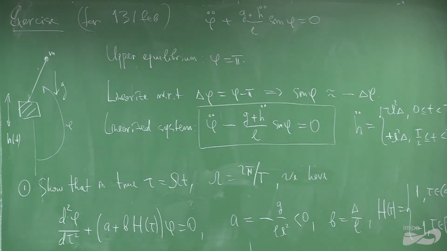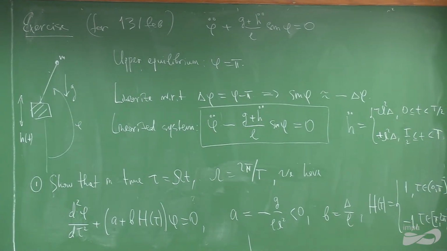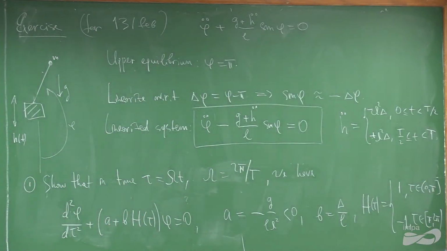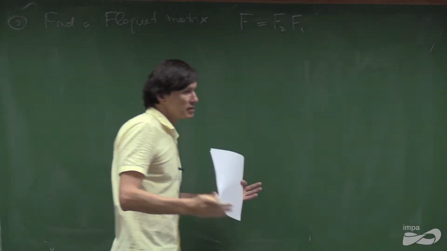So the next step, you should write the equation. You are exactly in the same situation as we did before, so you can do the same analysis. In the second step, you find the Floquet matrix, just in the same way, by splitting the system into two pieces.